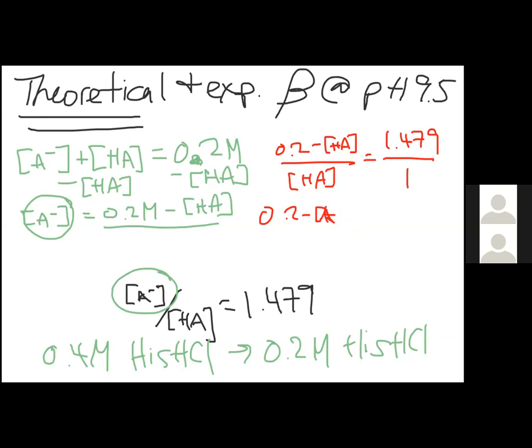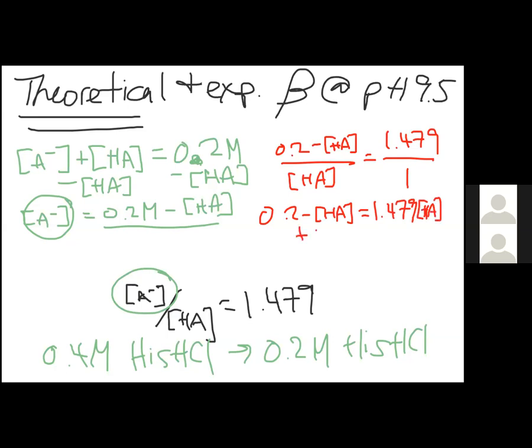Please forgive me, I left my nice stylus at work. Equals, and now I'll resolve the cross multiplication for the other numerator and denominator, 1.479 times the concentration of the acid.